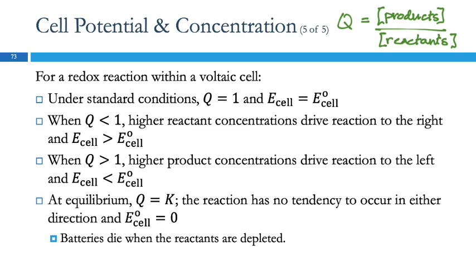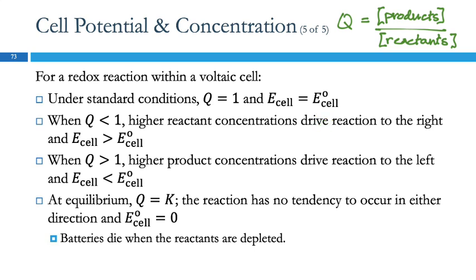I think that this is one thing that just kind of cleared up for me as I was looking at this slide before I started talking. In previous chapters, we've done a lot of comparing Q to K, right? And Q is going to move towards K, and that's what we're looking at in terms of direction. Here, we're comparing Q to 1, because we're looking at whether the cell potential is bigger or smaller than the standard cell potential.